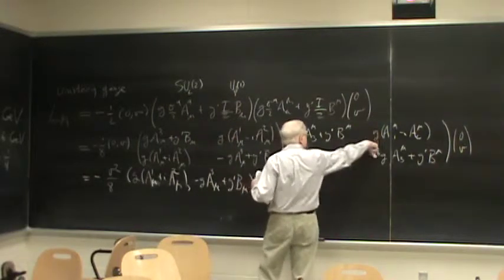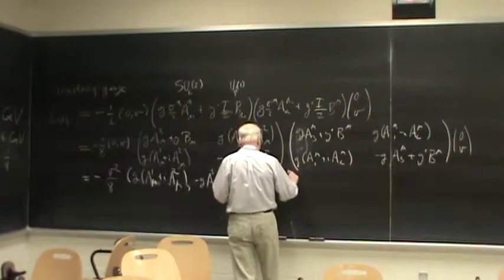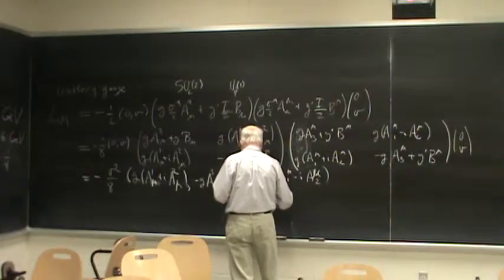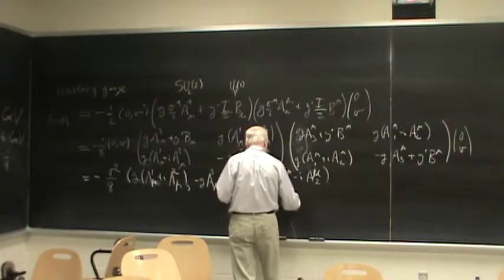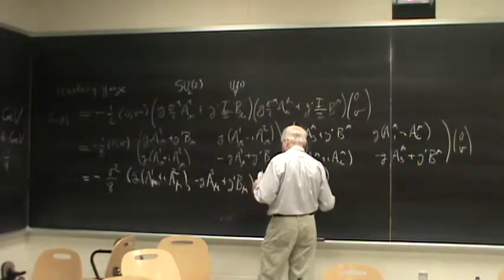And now this column here is g A1 mu minus i A2 mu, minus g A3 mu plus g prime B mu.